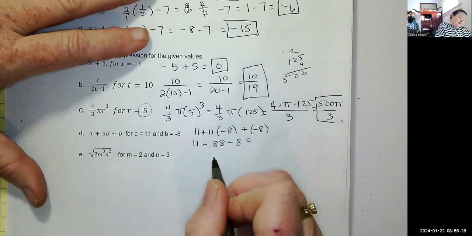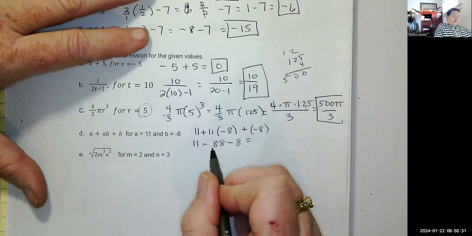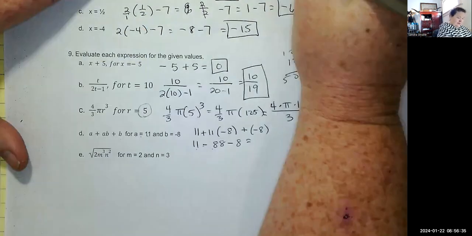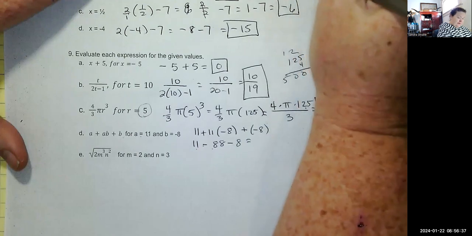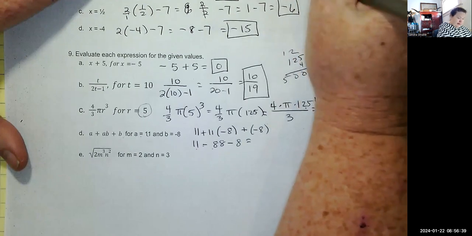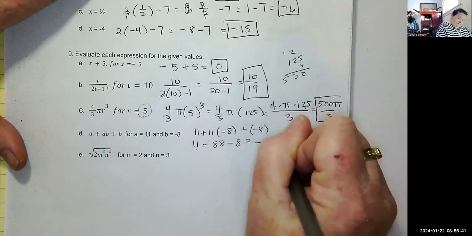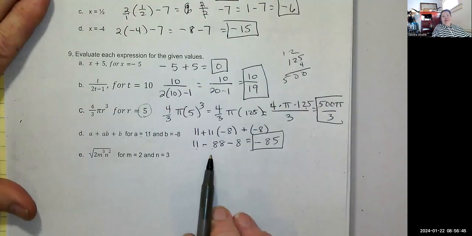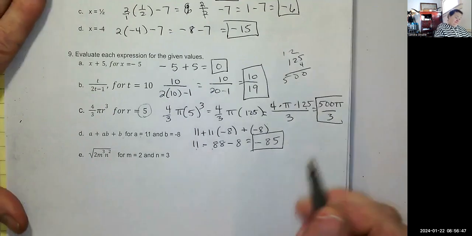And then this gives us 11 minus 88 is -77 minus 8, -85. You could just plug this into your calculator, 11 minus 88 minus 8 to get that.